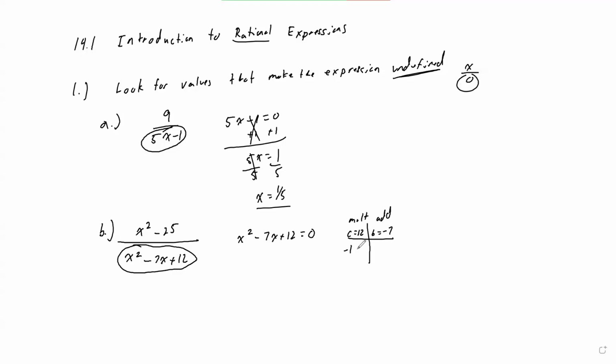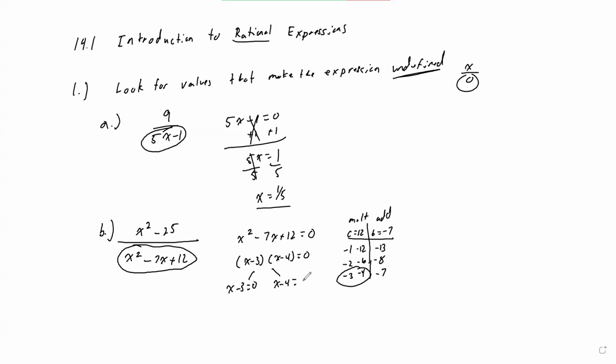So it's going to be -1, -12. That gives me -13. Then I do -2, -6. That gives me -8. Then I'll do -3 and -4. And that gives me my -7. So therefore I get x minus 3, x minus 4. And then I would set those factors equal to 0. So x minus 3 equals 0.